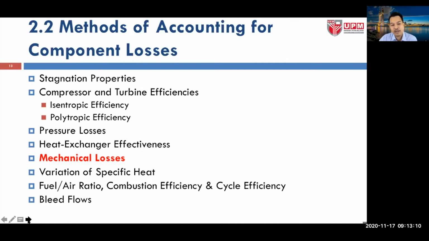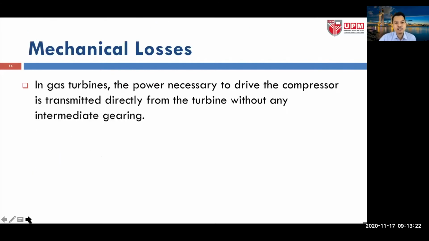Later when we look at the example, you will see that it makes sense in terms of the items that we already discussed. Now, we look into the mechanical losses. In a gas turbine, the power necessary to drive the compressor is transmitted directly from the turbine without any intermediate gearing, right?